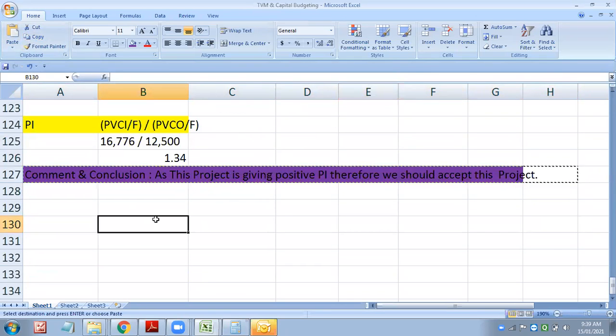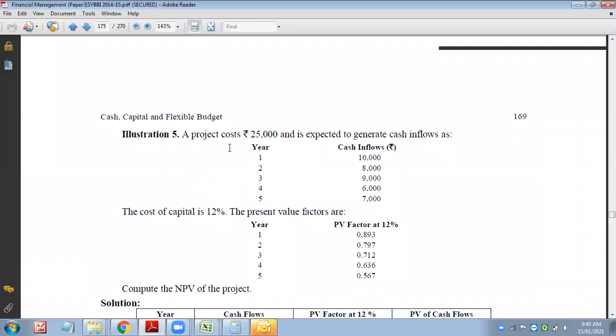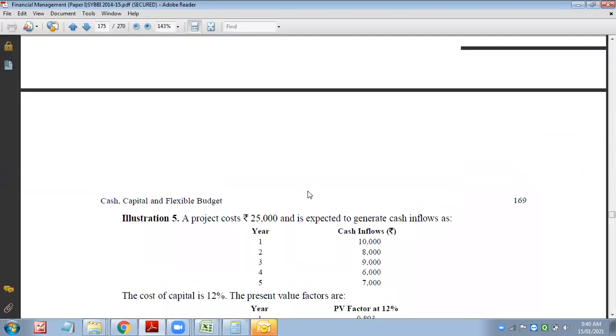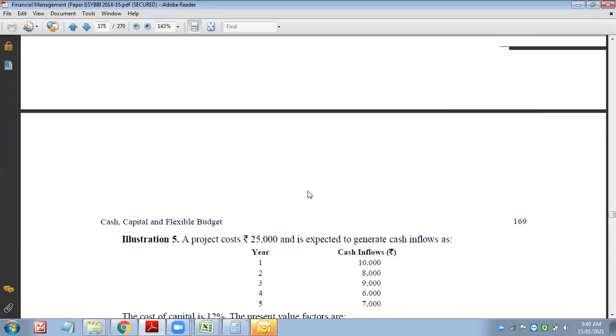Accordingly, you should write the comment. Now, please go to this illustration. Okay? Project has 25,000 as a cost. These are inflows for 5 years. Okay, NPV I should give at the rate of 12%. Again, what was asked, NPV? Get me the illustration 5 done. Do it on your own.